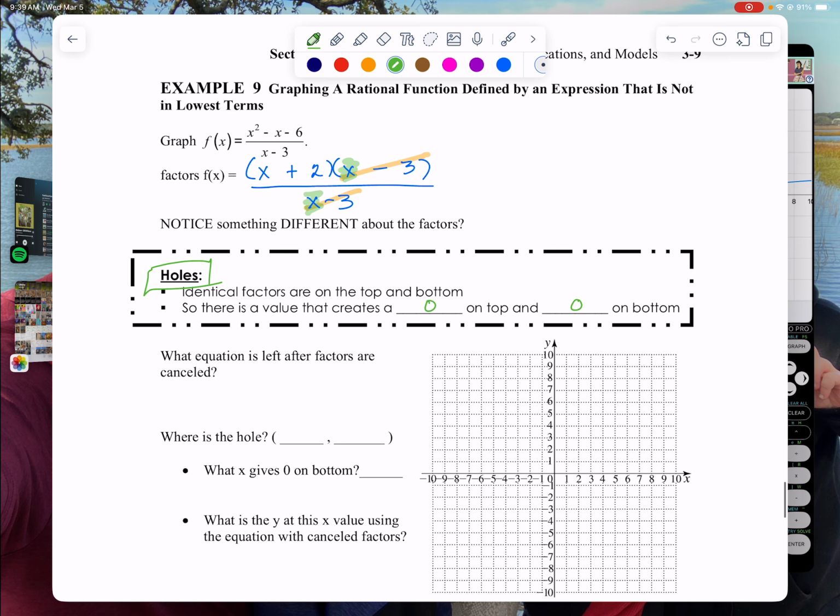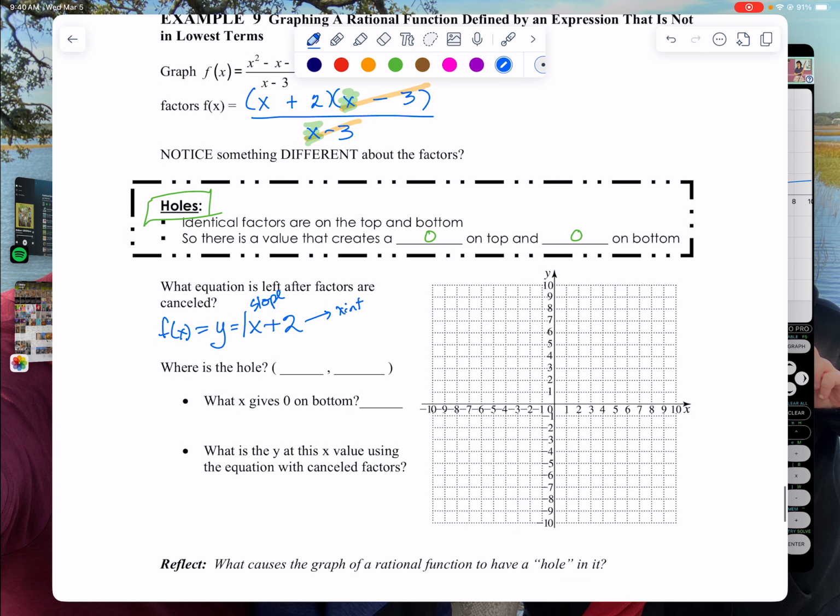Okay, so the equation that's left, I'll do y equals, well, it's really f of x equals, but I like to think of it as y equals x plus 2. So x plus 2, if I graphed that, remember this is my x-intercept, this is my slope. We haven't graphed lines really. So my slope is 1 over 1, and my y-intercept is 2.